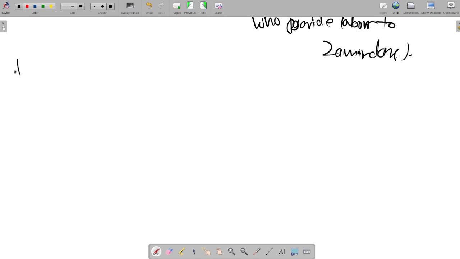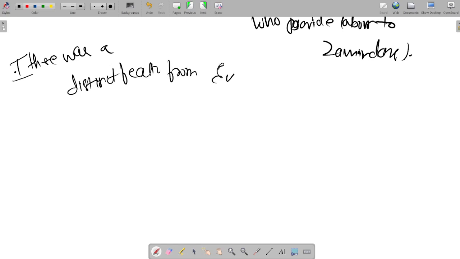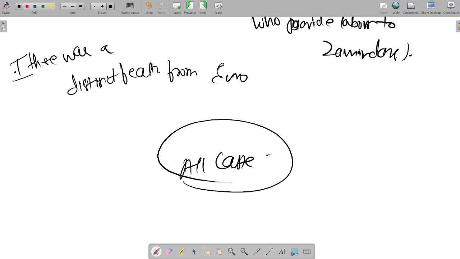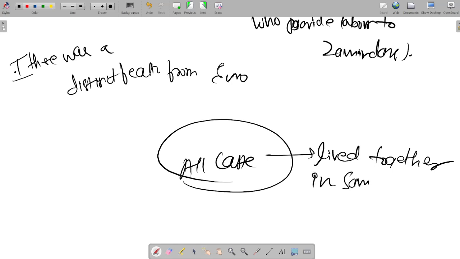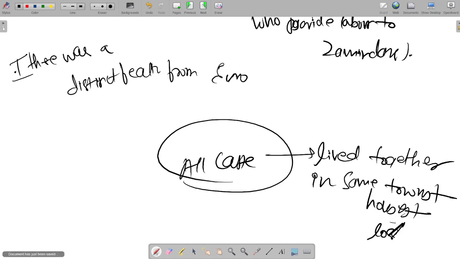Although there was a caste system, there was a distinct feature from Europe. All castes lived together in same towns plus houses plus lodgings. This was a surprise to him.